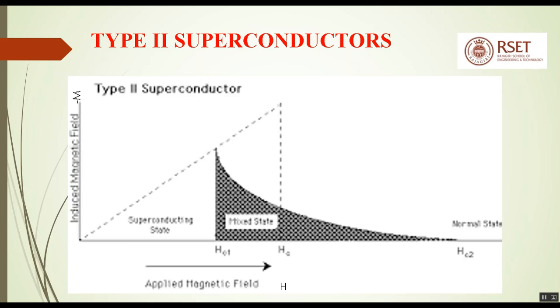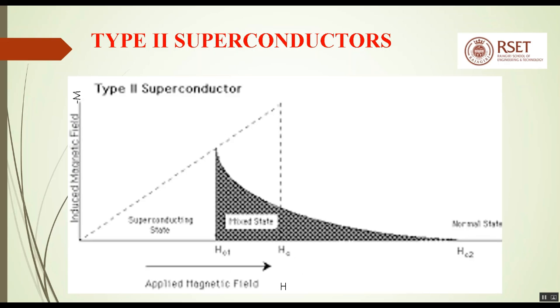From this figure, it is clear that type 2 superconductors usually exhibit two critical magnetic fields, Hc1 and Hc2. Hc1 is known as the lower critical magnetic field and Hc2 is known as the upper critical magnetic field.